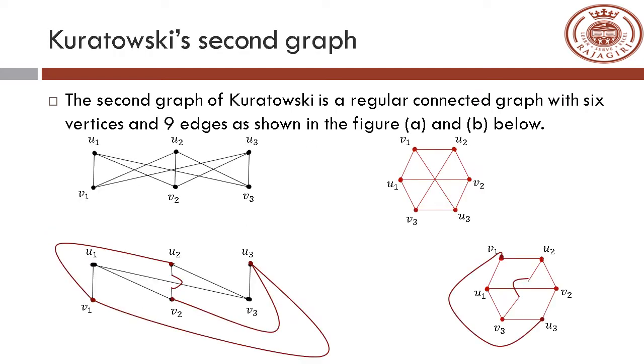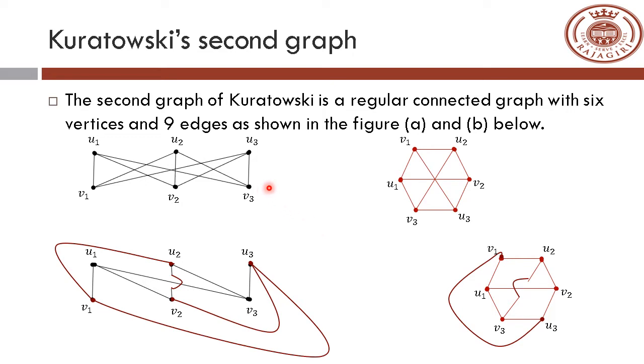Kuratowski's second graph. The second graph of Kuratowski is a regular connected graph with 6 vertices and 9 edges, as shown in figures A and B below. This representation is the one we already used in the utility problem. We can show that this representation is not a planar graph.